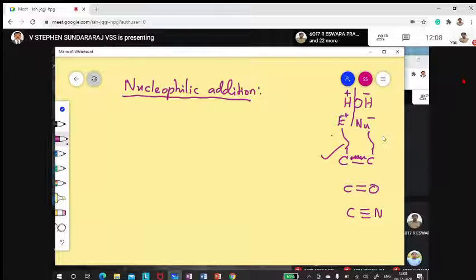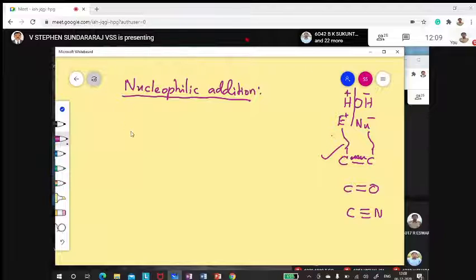I have taught you the mechanism of Markovnikov's addition and anti-Markovnikov's addition, which goes through a free radical mechanism. Markovnikov's addition is an electrophilic addition because the electrophile attacks first. Here, in nucleophilic addition, the nucleophile will attack first.